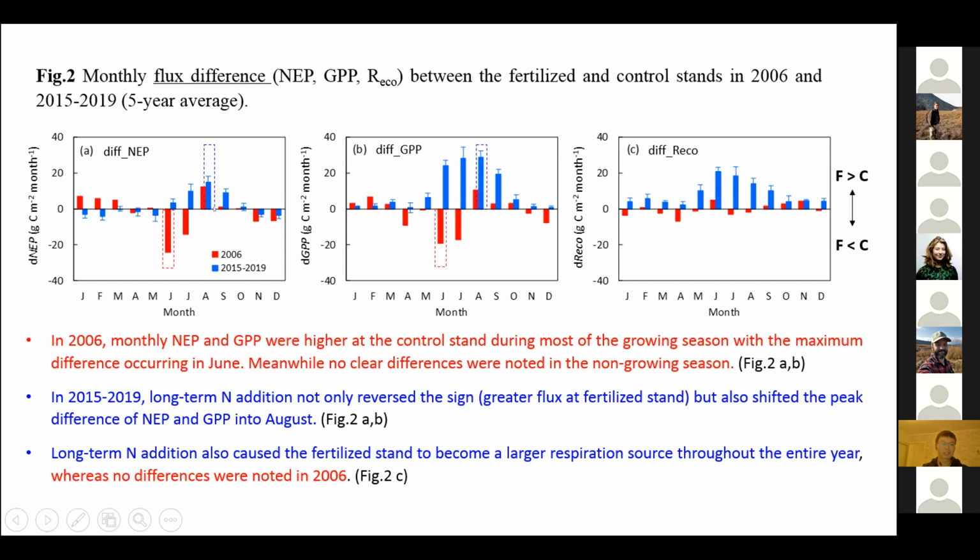After 1 decade of nitrogen addition, the fertilized stand had higher NEP and GPP during the growing seasons, with the maximum difference shifted from June in 2006 to August in 2015 to 19. We also found that long-term nitrogen addition changed the fertilized stand to become a larger respiration source during the whole year, whereas in 2006 the respiration had no difference between the two stands.